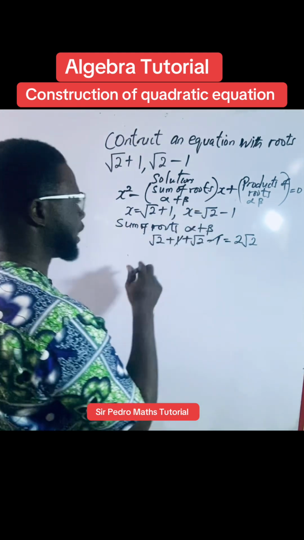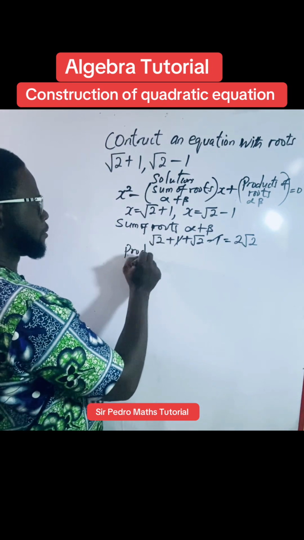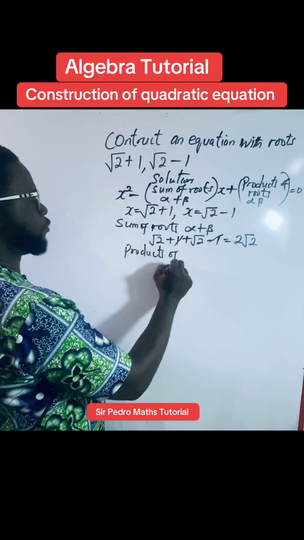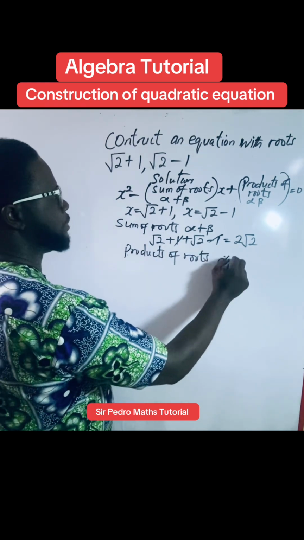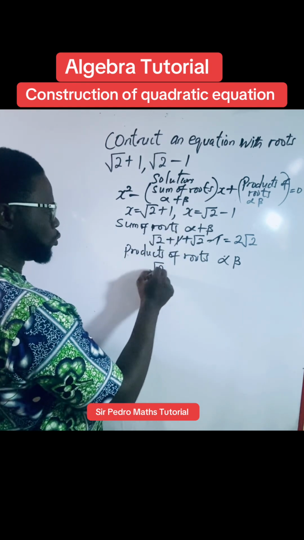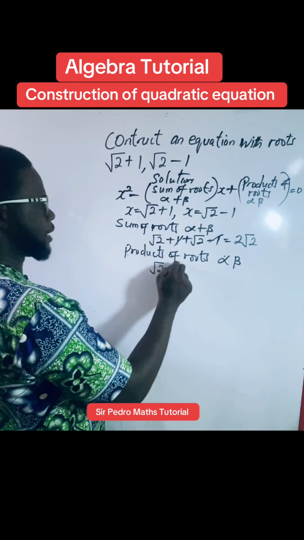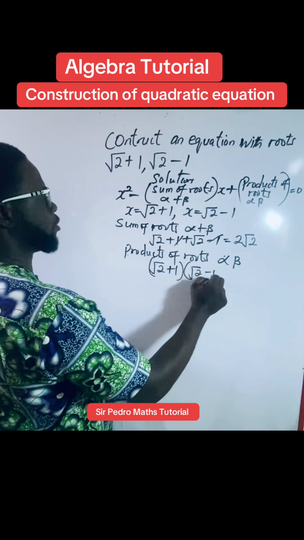Let's check the next one, the product of roots, simply alpha beta. So you have root 2 plus 1 multiplying root 2 minus 1.